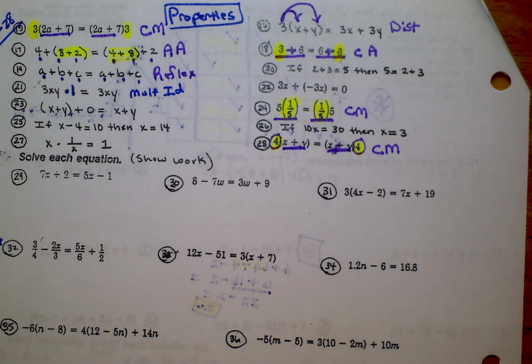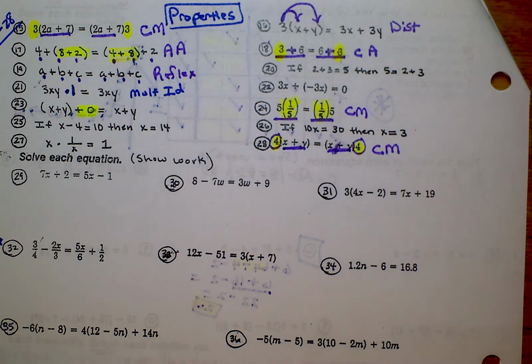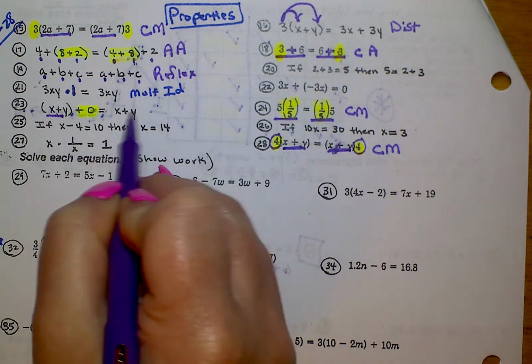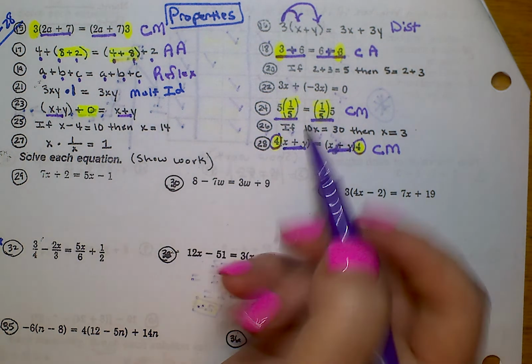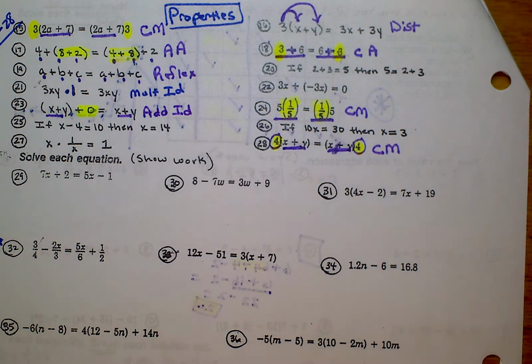Okay, the next thing, if you ever see something adding zero, that's called your additive identity. So notice here you are adding 0 and you're getting back what you want, which is your identity. So that would be called your additive identity. Okay.